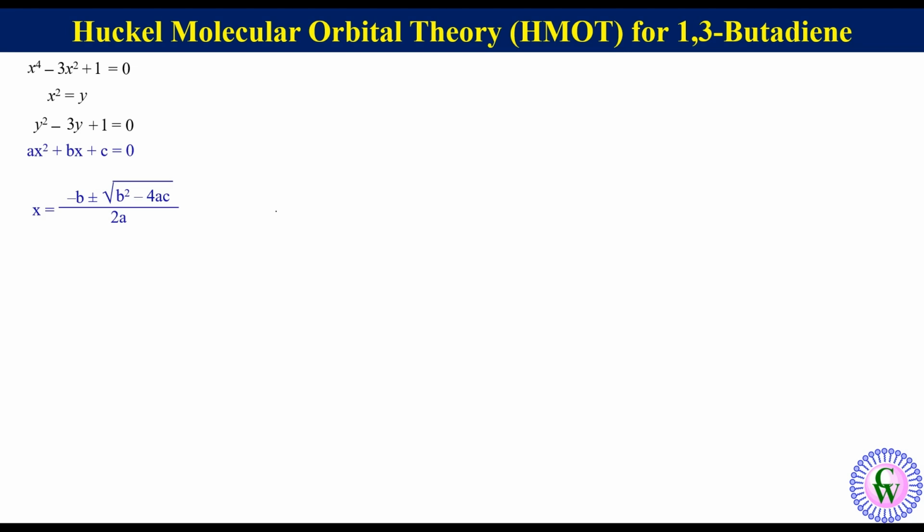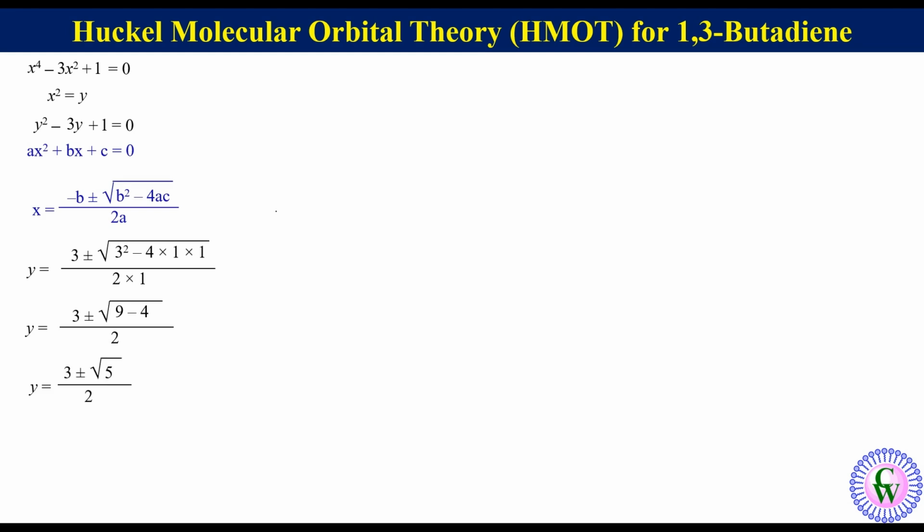So we can write y is equal to 3 plus minus under root 3 square minus 4 into 1 upon 2 into 1, or y is equal to 3 plus minus under root 9 minus 4 upon 2, or y is equal to 3 plus minus under root 5 upon 2.